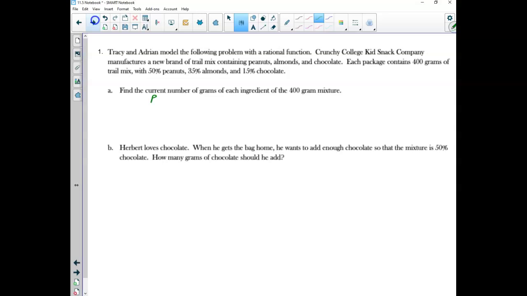Well, of the 400 grams, 50% are peanuts, so if we multiply by 0.5, I have 200 grams of peanuts. How about almonds? Well, of that 400 gram mixture, 35% are almonds. So 400 times 0.35 gives me 140 grams of almonds.